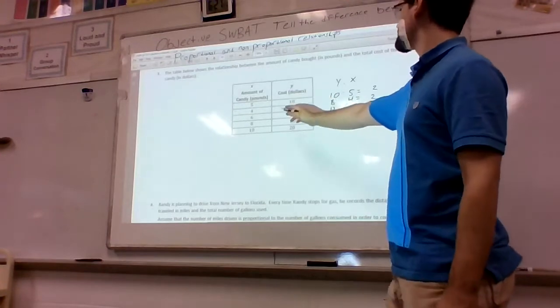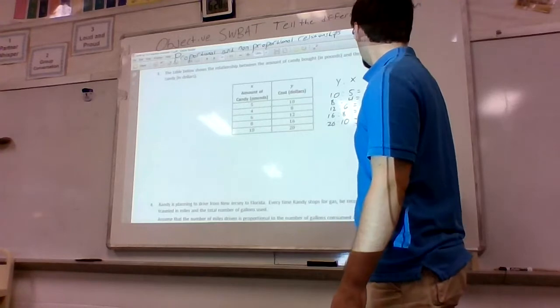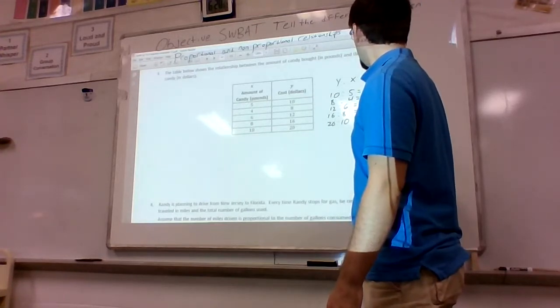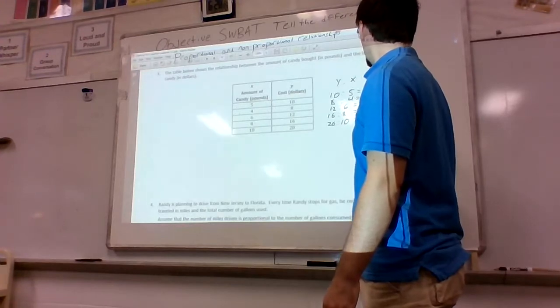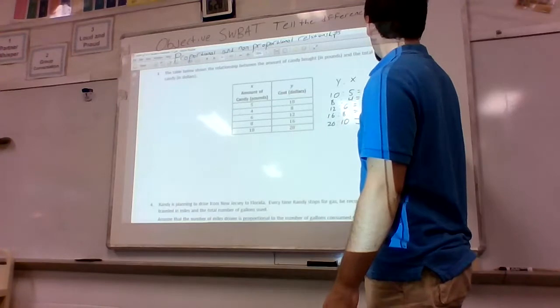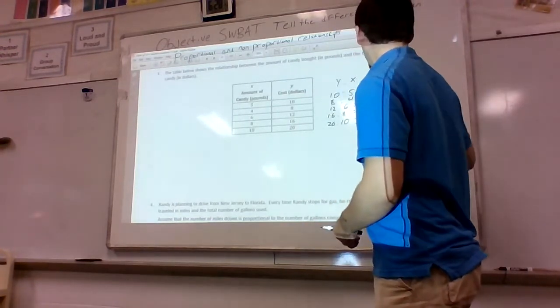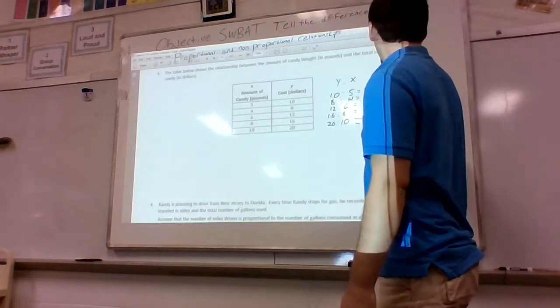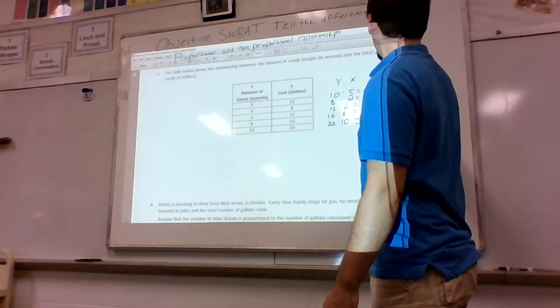So this is dollars per pound. This means $2 for every 1 pound of candy. $2 per 1 pound, and the abbreviation for pound is not BL, it's LB.